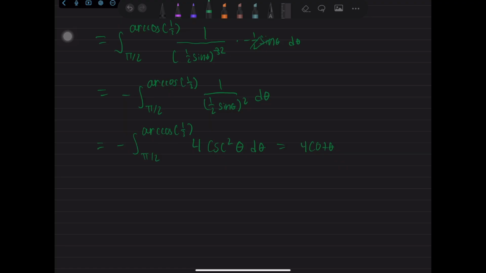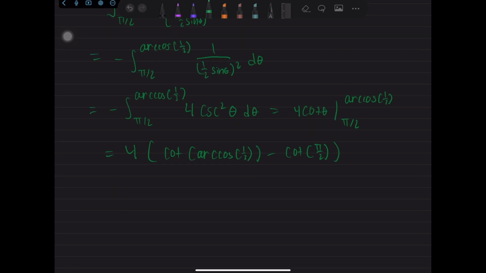So we'll have 4 cotangent of theta from pi over 2 to arc cosine 1 over 3. This is equal to 4 times cotangent of arc cosine of 1 over 3 minus cotangent pi over 2.